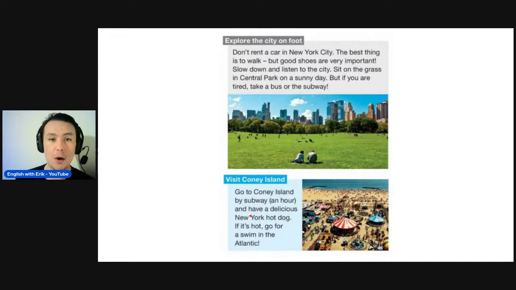Remember, when you're talking about food, it's very common to use the verb have with whatever food you're talking about. Like, hey, tonight I want to have some pizza because it's Friday, or I want to have a hamburger. You see, have and then the food that you're talking about. That's natural. That's real English.